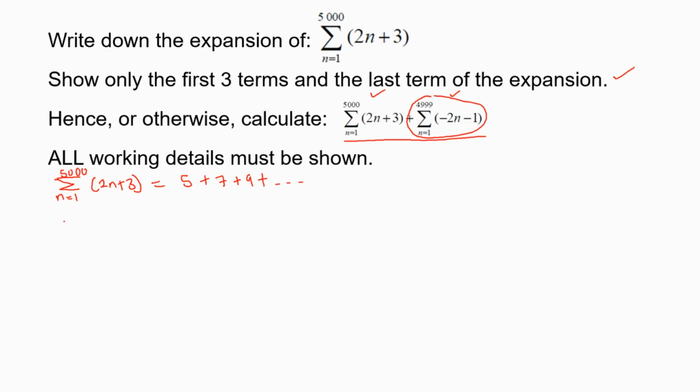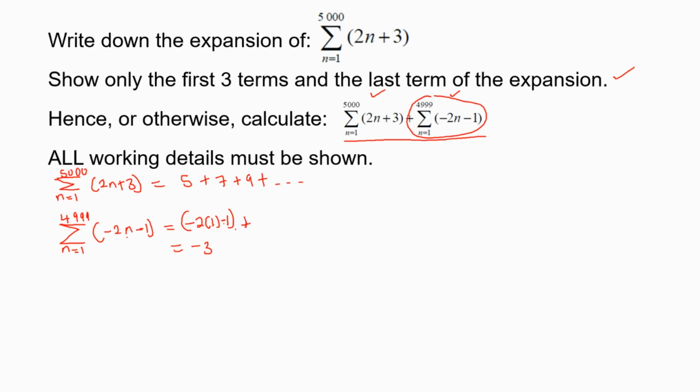So we have our sigma notation there. n is equal to 1 to 4,999 of negative 2n minus 1. For the first term we substitute, where there's n we put 1. So it's negative 2 times 1 minus 1. Negative 2 times 1 is negative 2, negative 2 minus 1 is negative 3.